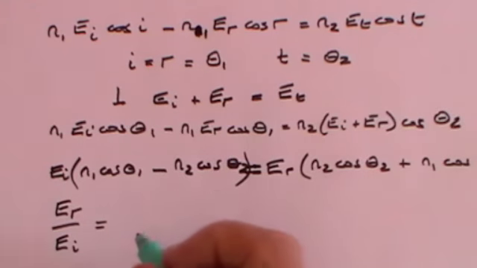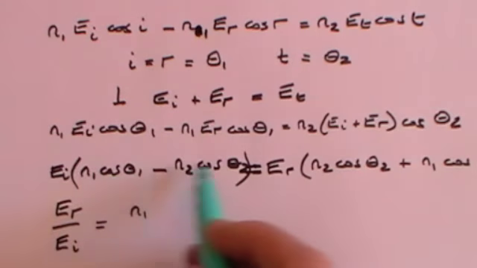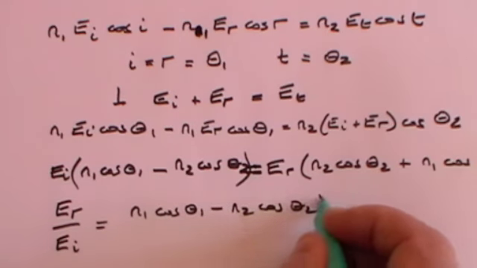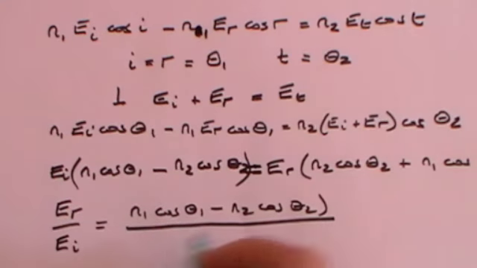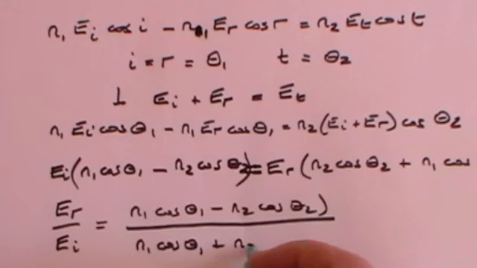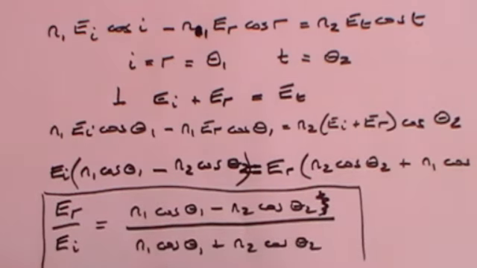And I've overshot again, I realise that, but it will become clear, I hope, that that is equal to N1 cos theta 1 minus N2 cos theta 2, that's this term, divided by this term, which is, I'll just reverse these two, N1 cos theta 1 plus N2 cos theta 2. You don't need that bracket there. And that, you'll be pleased to know, is the first Fresnel equation.